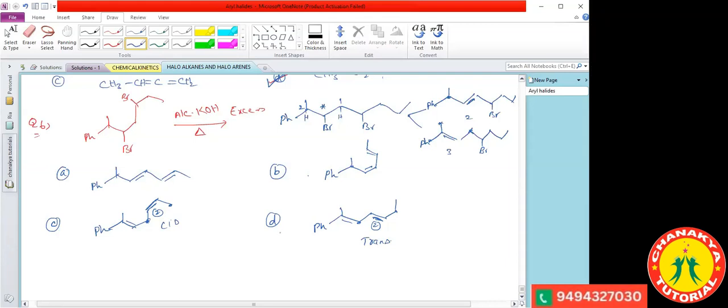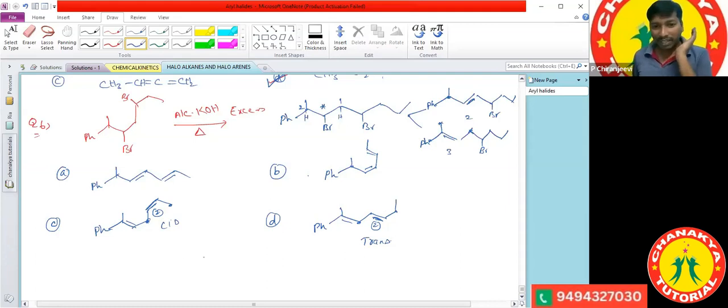D or C? Sir, how is the second one, sorry, D trans? Let us see. I'll write it as a butene structure. CH3, bond, CH double bond CH, bond, CH3. Is it right? It is 2-butene. 2-butene we can write like this also, in line representation, with methyl groups. And the same 2-butene we can write like this also.